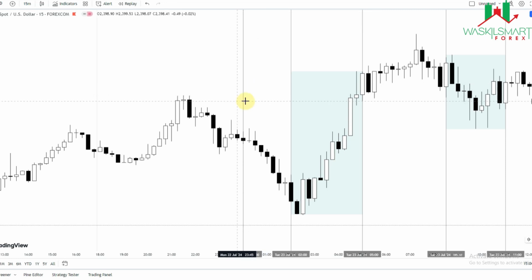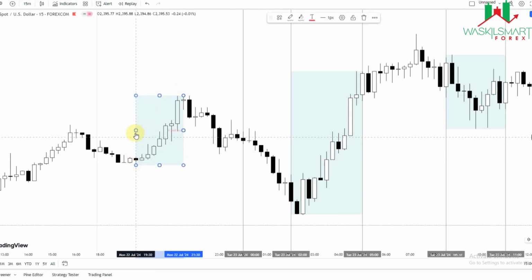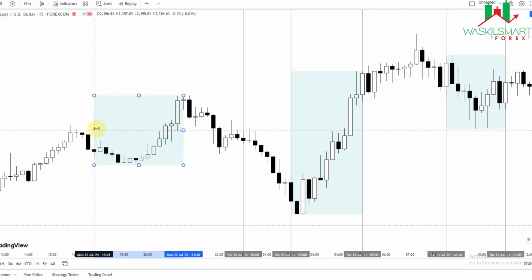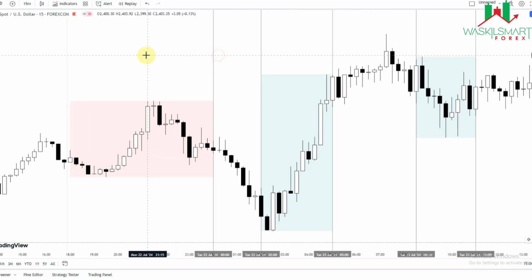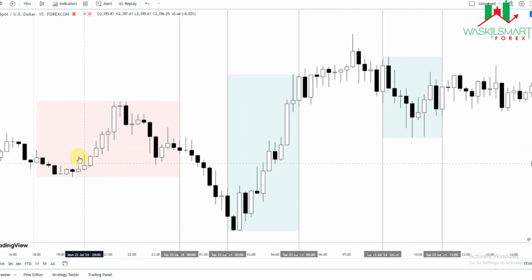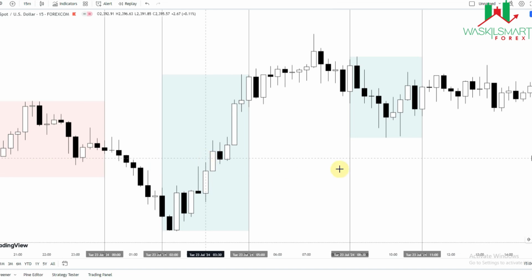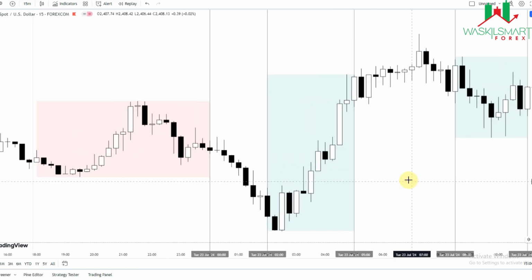Anything from the 12 o'clock is called the Asian range. So which means that we have this to be our Asian range. Let me paint it red because I don't trade in it. So that's the Asian range. Then we have the London, then we have the New York.